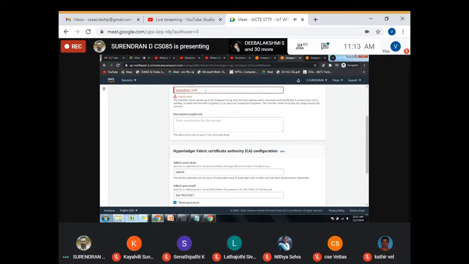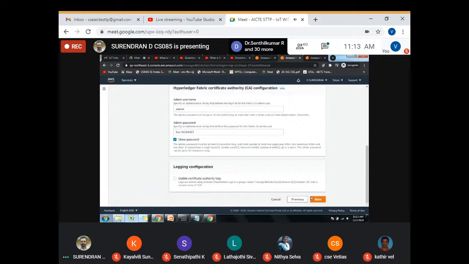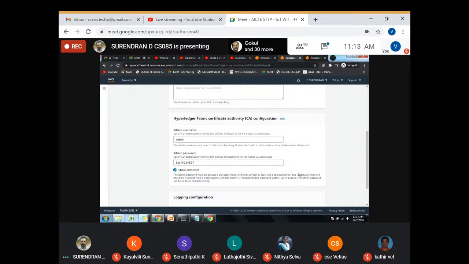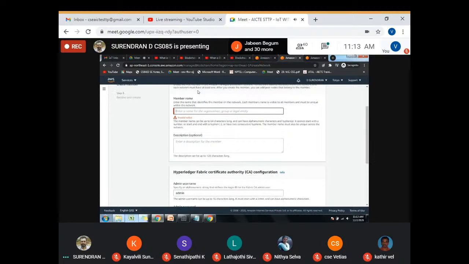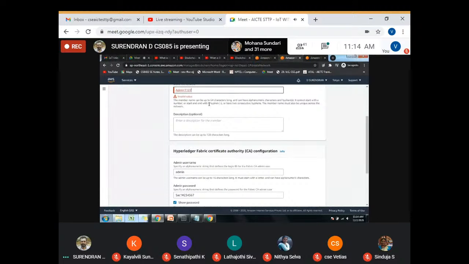So this member name should be unique also. The system can have alphanumeric characters.